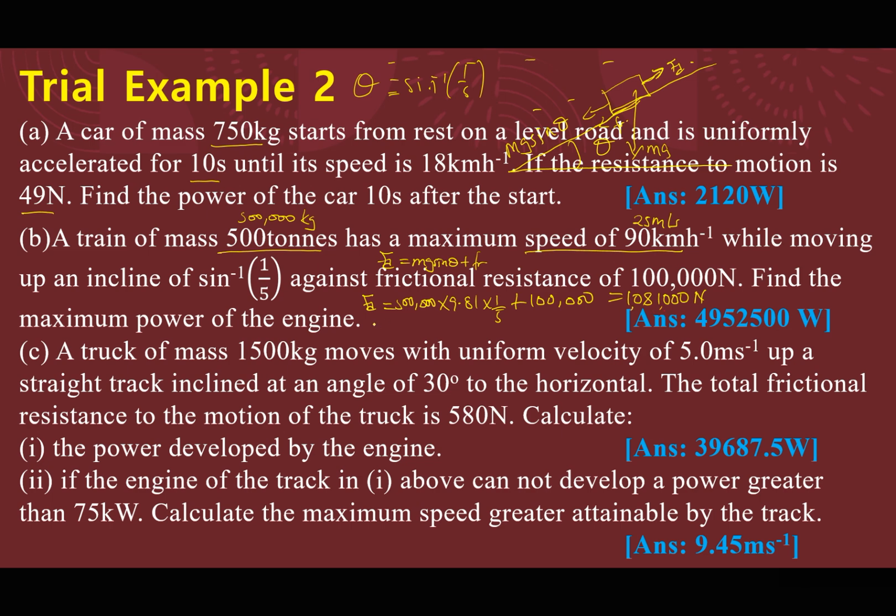Then if I want to find the maximum power, the maximum power is going to be equal to power is force times velocity. So this is going to be equal to 1,081,000 times velocity, which is 25.